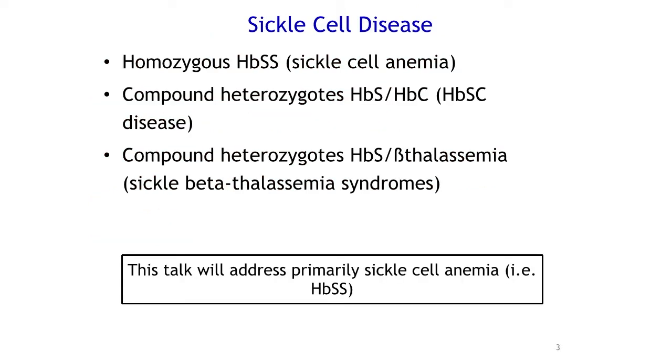As a bit of background, sickle cell disease exists in several forms. It may be homozygous or heterozygous. Today we are going to discuss sickle cell anemia, that's the homozygous state.